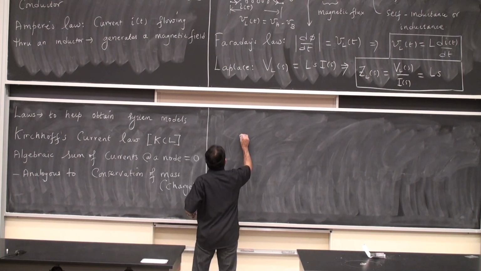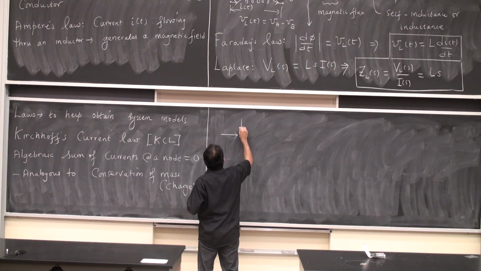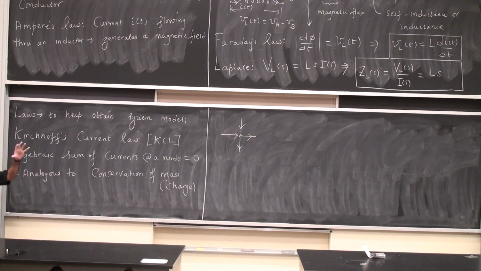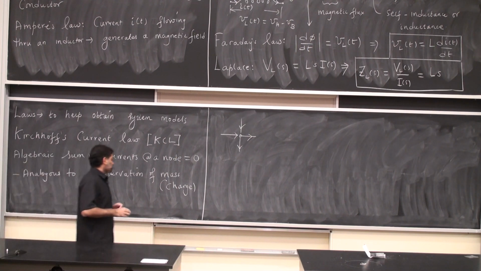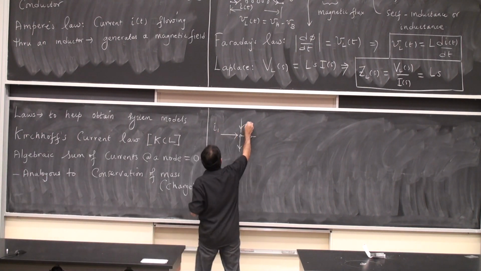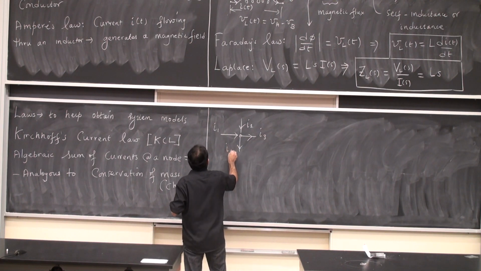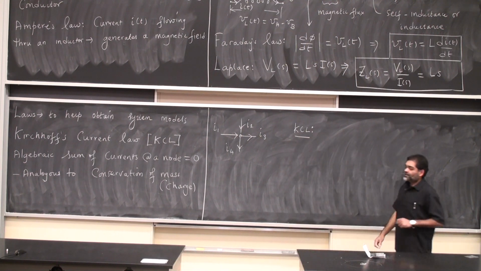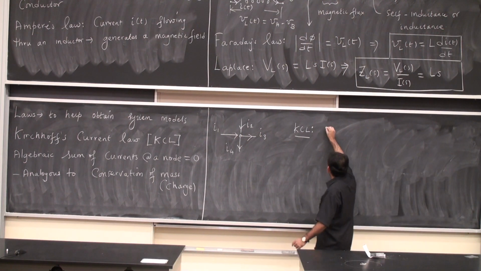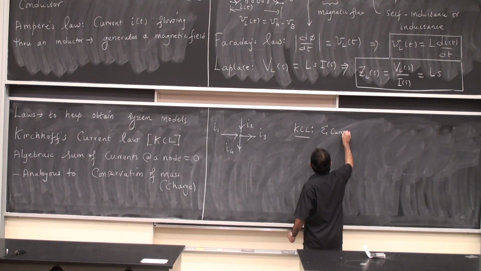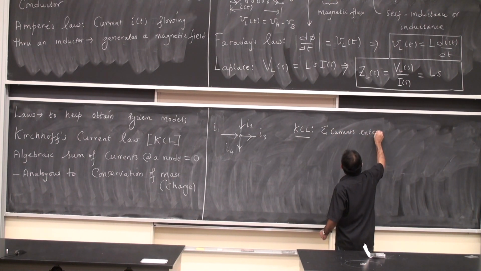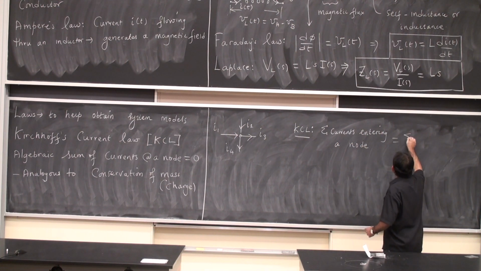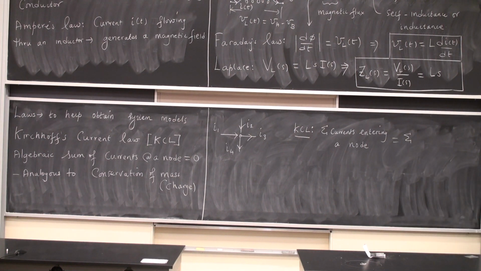Take a node. Kirchhoff's current law essentially says that all the currents entering the node should be equal to all the currents leaving the node. Okay, so this is some I1, I2, I3, I4. KCL says the sum of all the currents entering the node is equal to the sum of all the currents leaving the node.